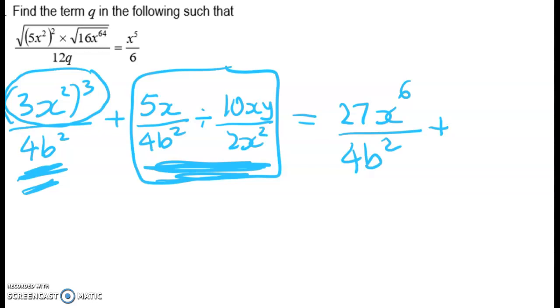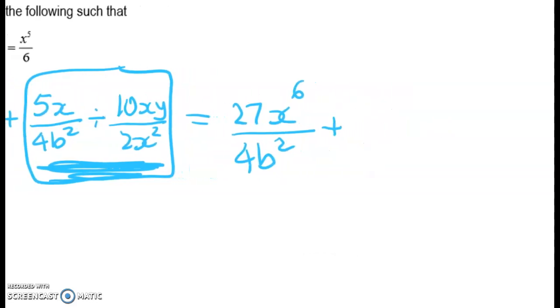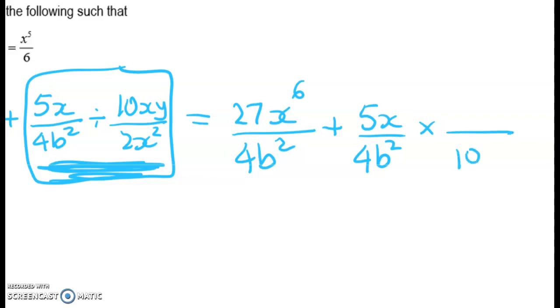When I divide by a fraction, I'm multiplying by the reciprocal. So we'll start out by simply taking the reciprocal of that second term in here. So it's not divide, it's times. 10xy should be now in the denominator, and 2x squared here.